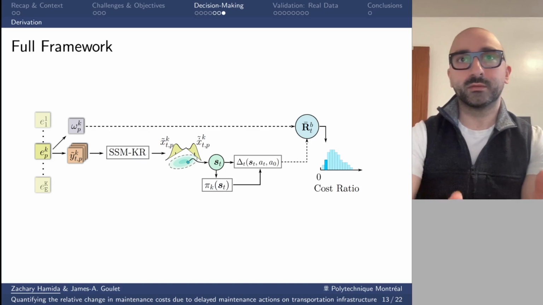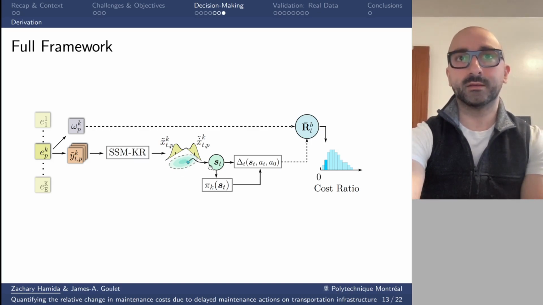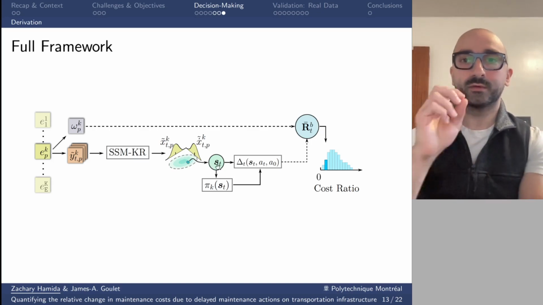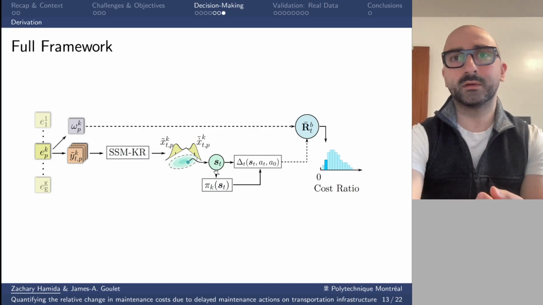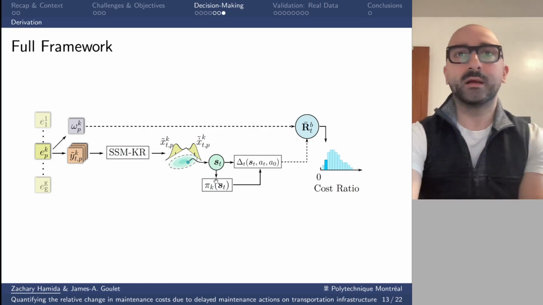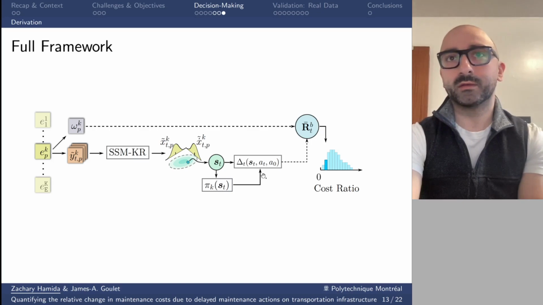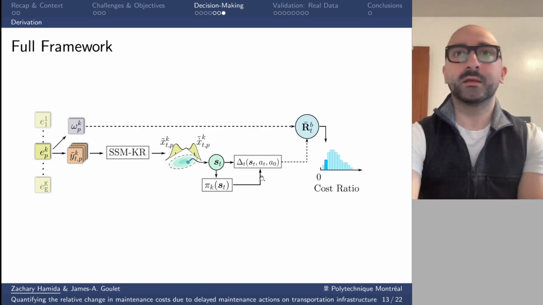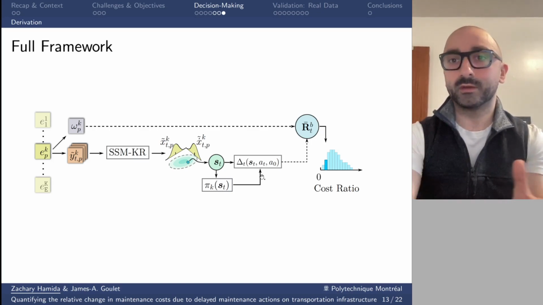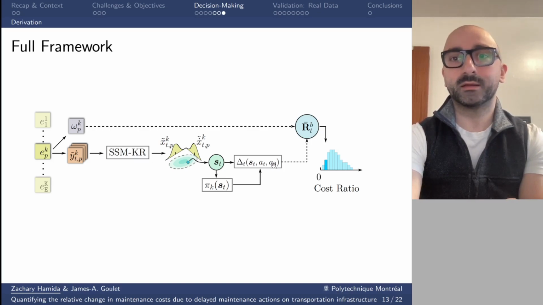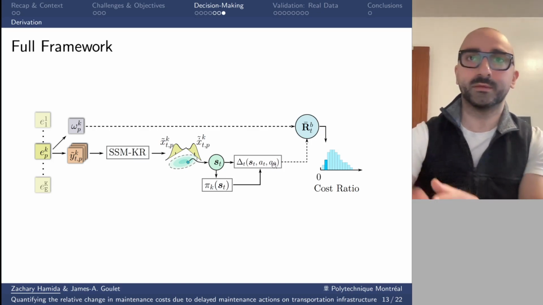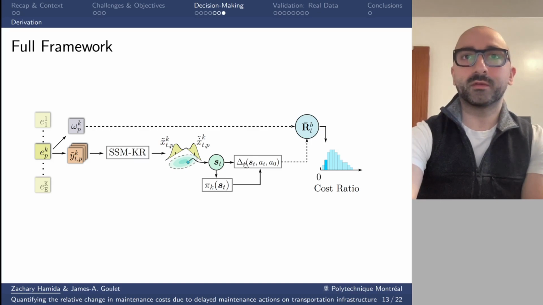What we can do is take a sample from this current state, a sample of condition and speed, and pass this state into the policy to get the optimal action, which gives us the Q star. We can also pass the action of doing nothing, which is the suboptimal action, with the same state.